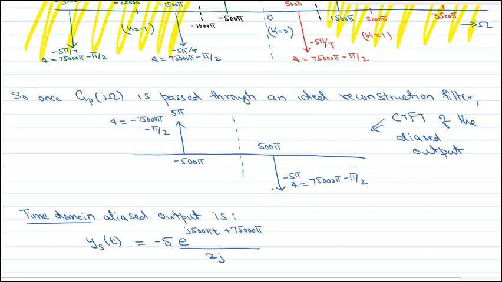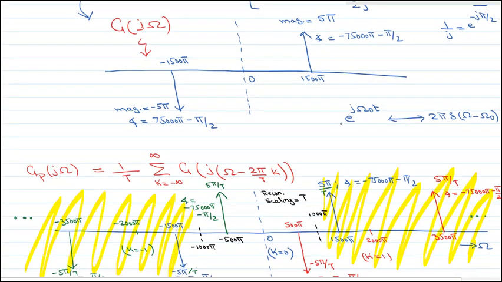This is due to this positive frequency at 500 pi. Plus, I'm going to get 5 due to this negative frequency, e to the minus j 500 pi t plus 75,000 pi divided by 2j.